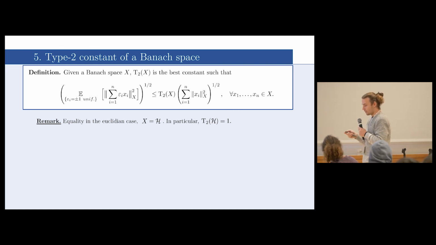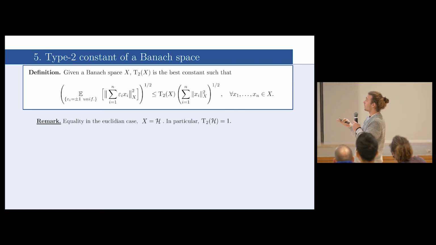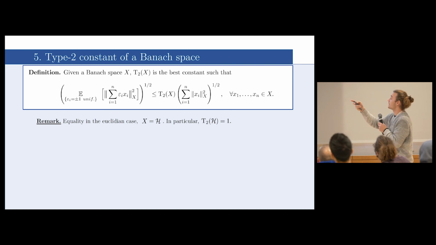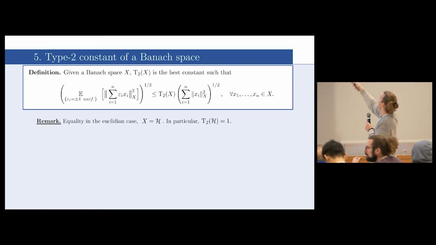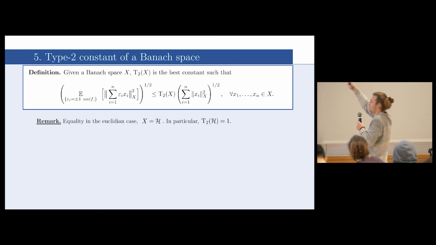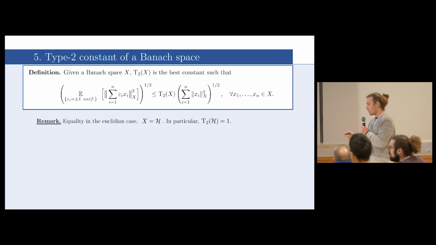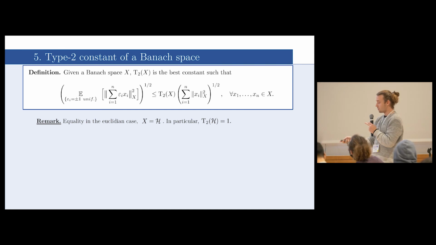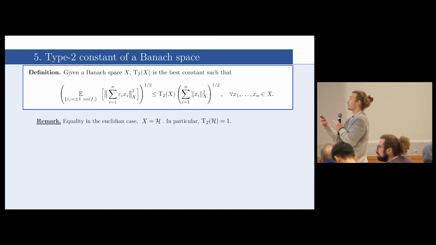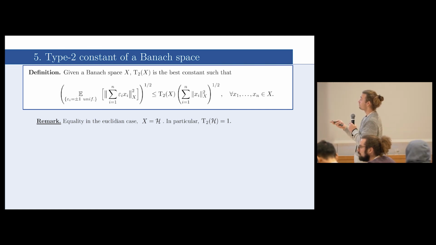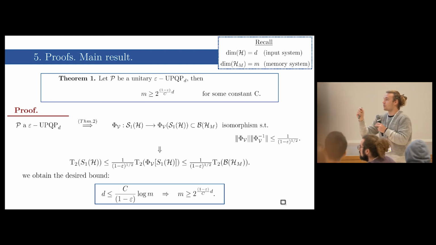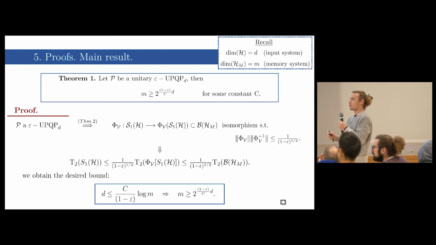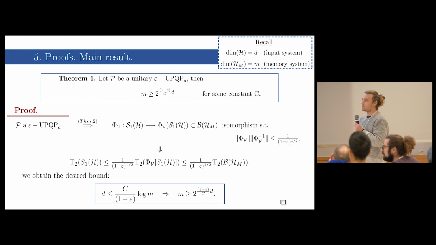So if you find good enough constants for just a fixed amount of vectors, then you can associate these vectors in your input space with some unitaries applied to any state. And then you can get the same bound, or maybe different bounds, but for restricted families of unitaries. There is a comment also in the paper.